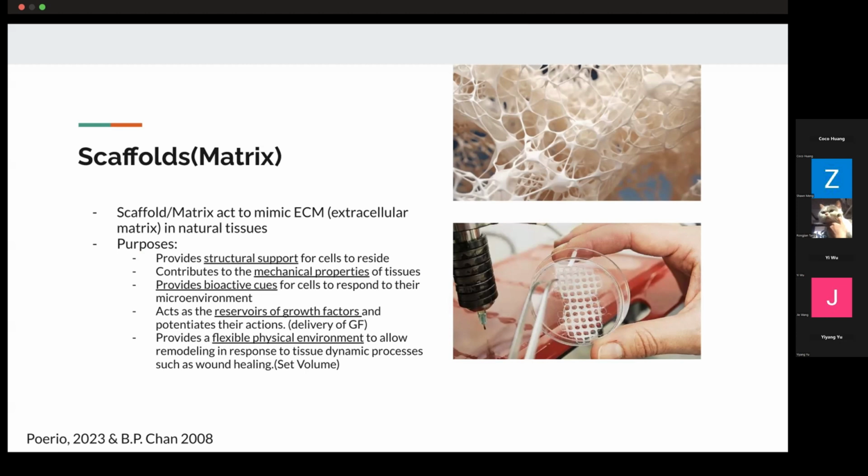And the ECM's purposes are to provide structural support for cells to reside, and et cetera, that are listed here. I believe people in biology or biomedical engineering might know them, so I'm not going to go into the detail about it. You can take a few moments to read it if needed.